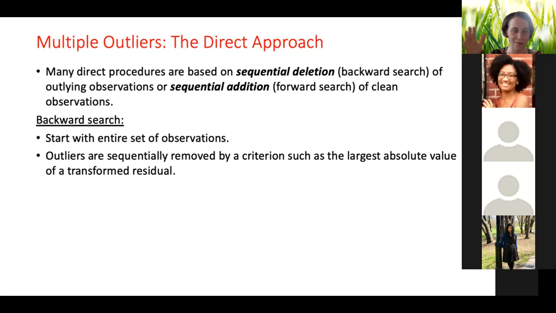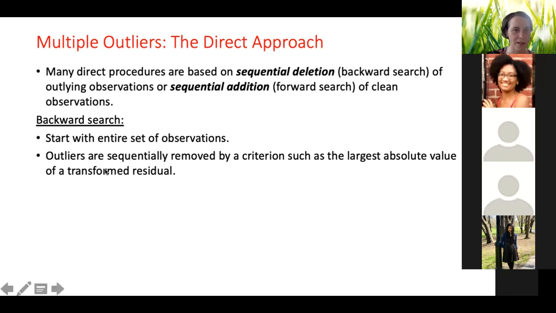It starts with a subset of the original sample that is assumed to be a clean data set, a clean sample without outliers, and then it sequentially adds more clean observations to the subset, and then it stops at some point when the next value that it tries to add to the subset is identified as an outlier.